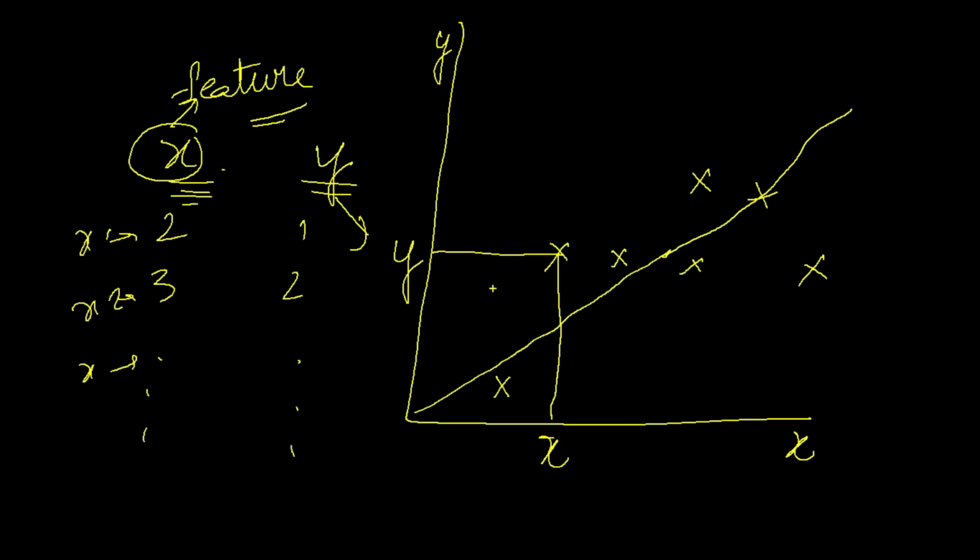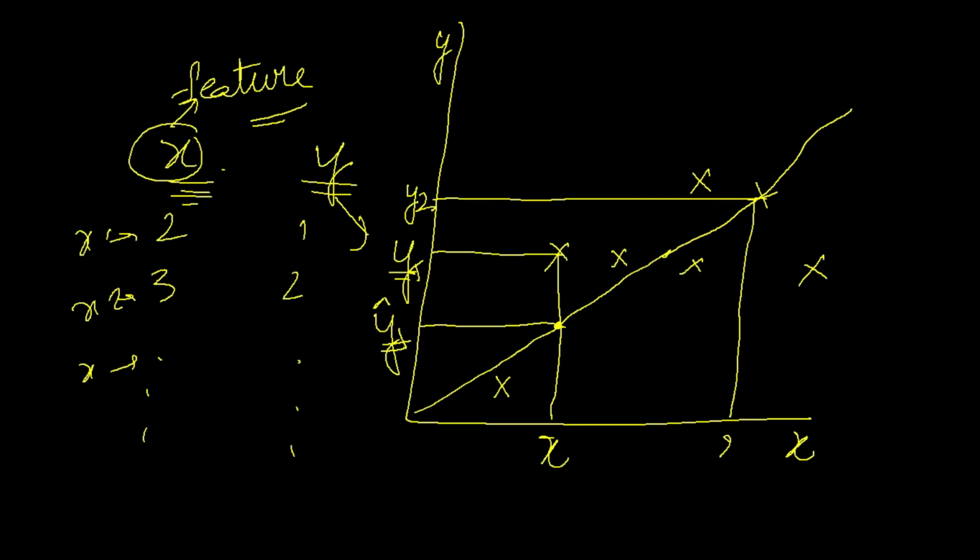Now at this point of intersection, when you project this value, we get the corresponding y hat. For this point, consider it to be y1, so this is y hat 1, and consider the second point, this is y2, and this is x2. Here the projection of this point, that is y hat, is also the same, like it collapses.